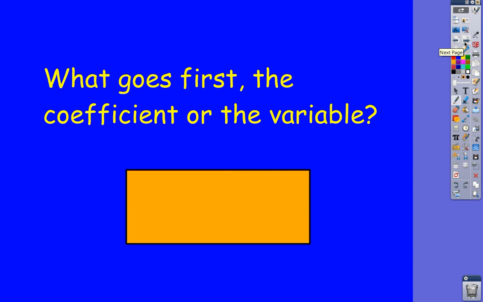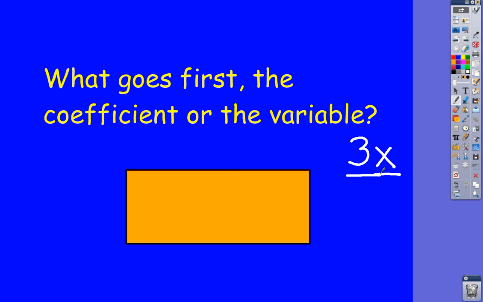Okay, now, when we were talking about different terms yesterday, we talked about a coefficient. The coefficient is any number that is right in front of the variable. So for example, if I had 3x, x is my variable, 3 is the coefficient. It's the number that I'm multiplying it by.